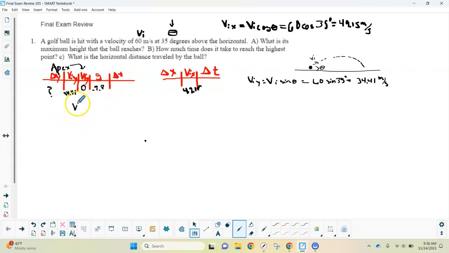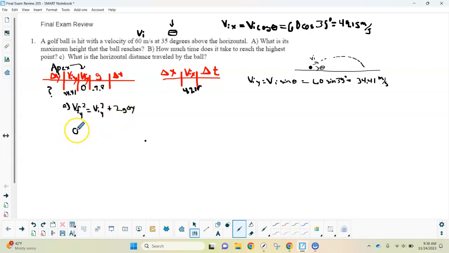So the first formula that I'm going to use for part A here is VF squared equals VI squared plus 2G delta Y. And I left the little subscripts out, but these are just Y components because, again, you have to work with all the Y ideas, and then all the X ideas another time.